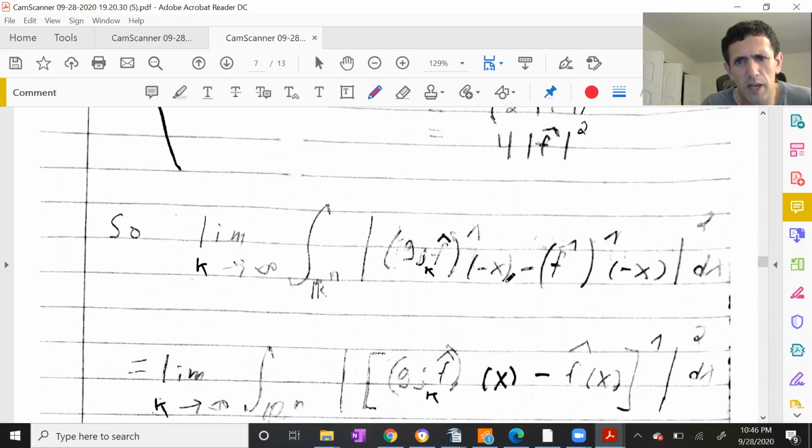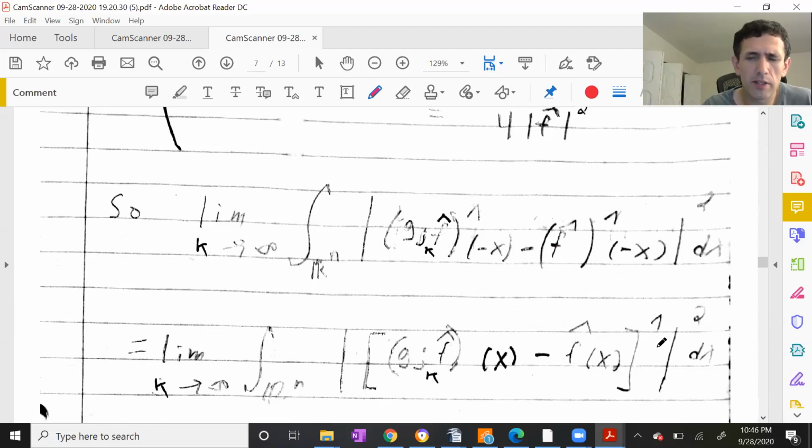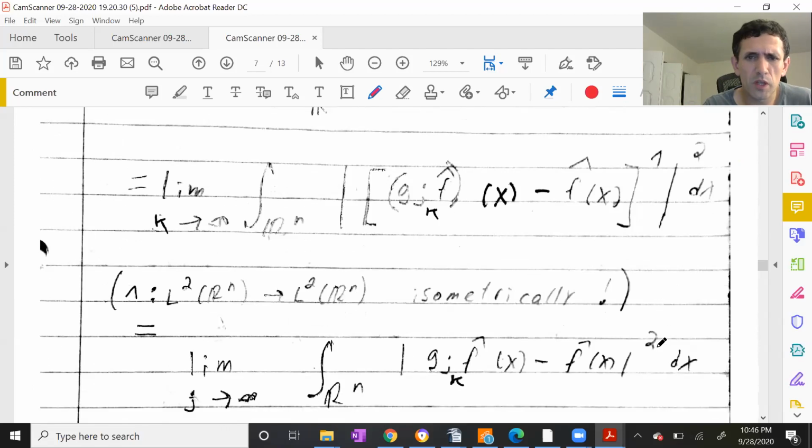So it gets rid of the minus. Bring the Fourier transform outside. It's trivially linear. Okay. Now let's use the L2 isometry property. We get this here, and we just proved, using the dominated convergence theorem, that this here converges to 0.